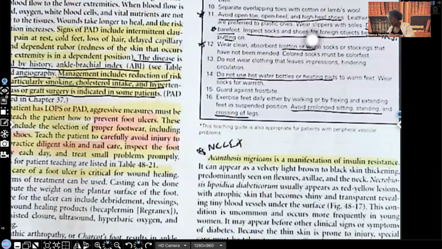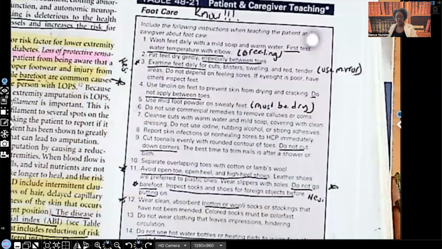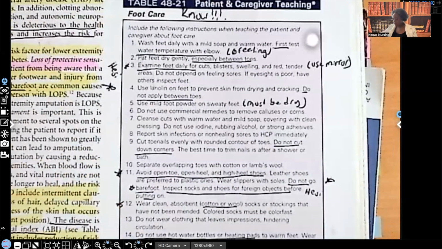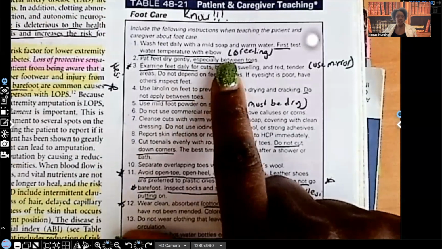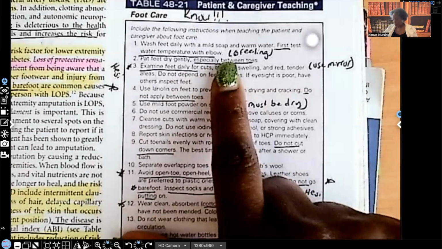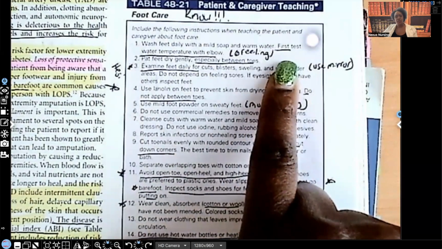Foot care. This is important. I got lots of stuff for foot care. You're going to teach a patient to wash their feet daily with mild soap and water, not something harsh or irritating. But before they do that, what's the first thing they have to do? Test the water temperature with the elbow. Why would they do it with their elbow and not with their fingers?